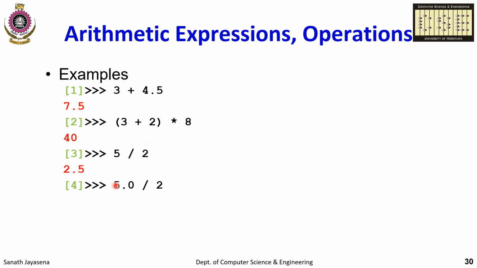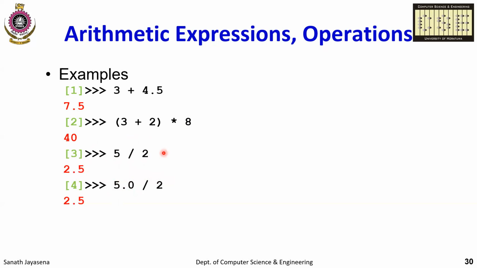And if you say 5.0 divided by 2, again 2.5. Because in Python, if we just divide, it is considered a floating point operation. So the result is shown as a floating point number, even if the operands, 5 and 2, are integers, because here the correct value is 2.5 anyway. You can also represent one or both of the numbers as floating point numbers.